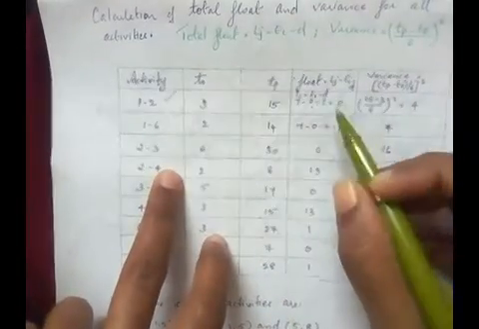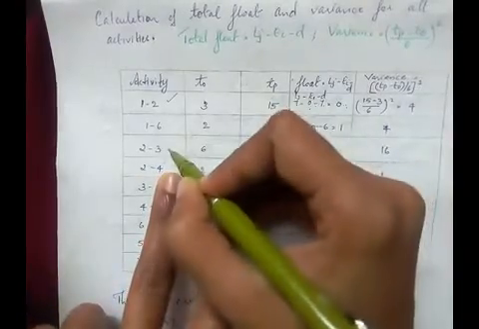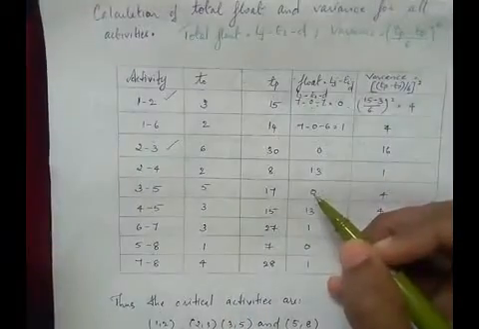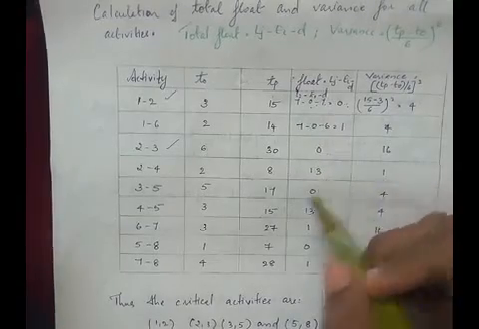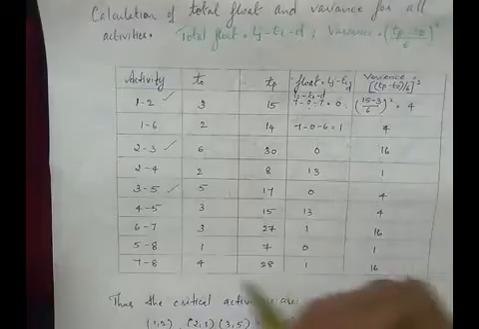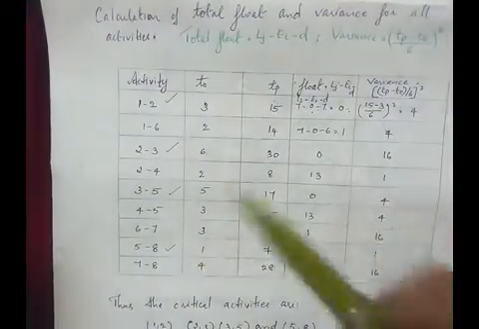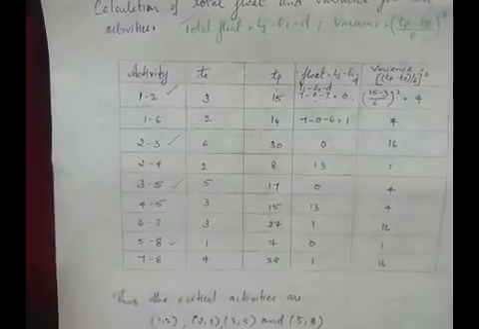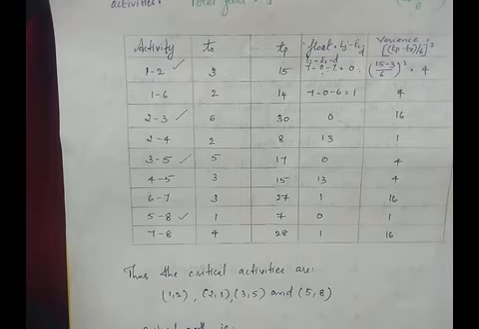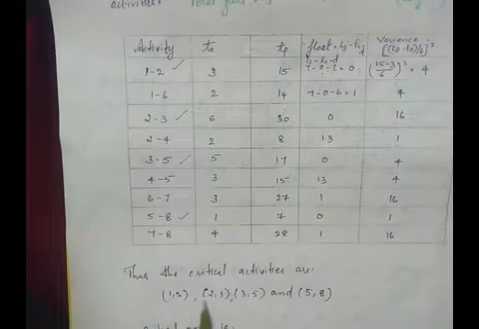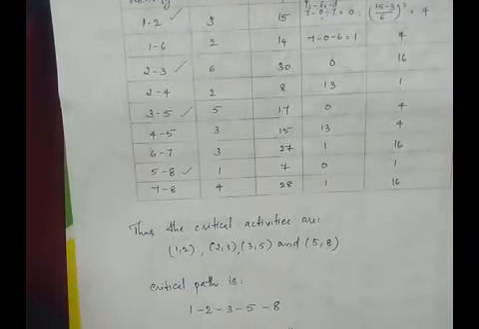For the activity 2, 3 we also get float 0, so 2, 3 is also a critical activity. Then the next critical activities are 3, 5, then 5, 8. So we have 4 critical activities, and the critical path will be 1 to 2, 2 to 3, 3 to 5, and 5 to 8.